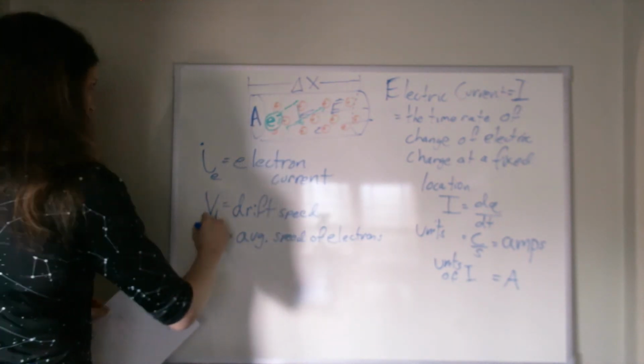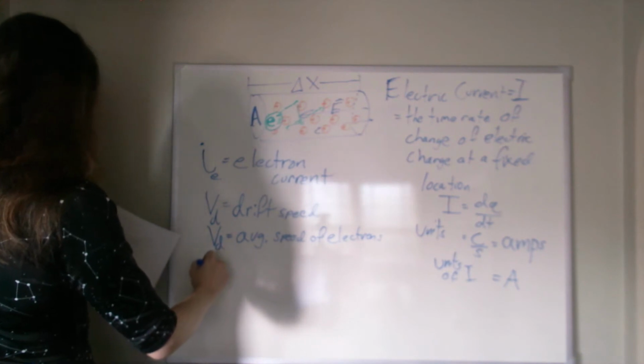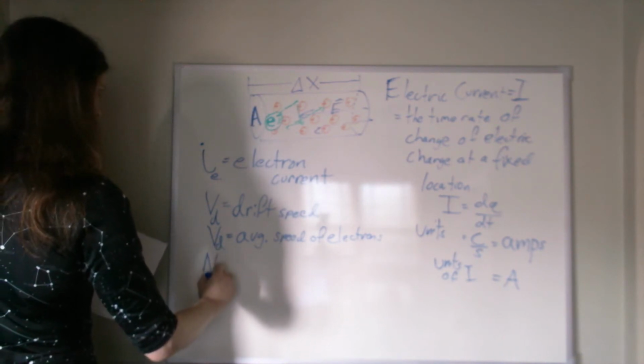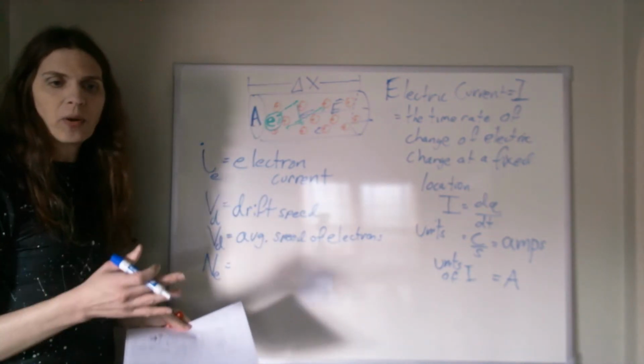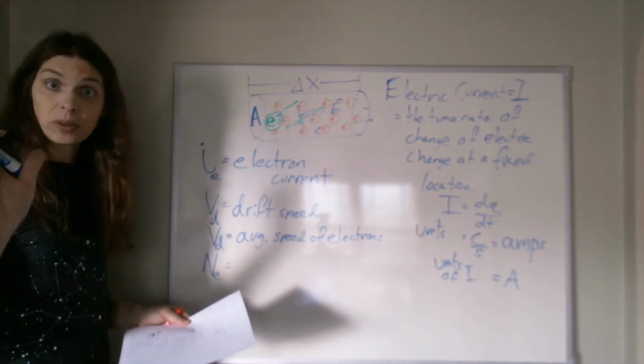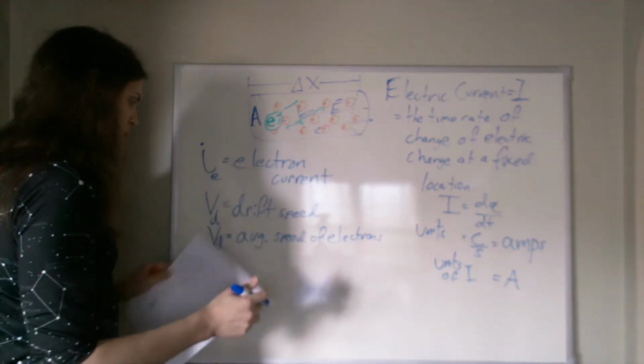We're also going to define capital N sub E. Capital N is always about a raw number count. So this is the total number of electrons that we're talking about.